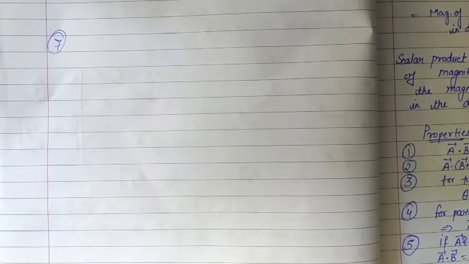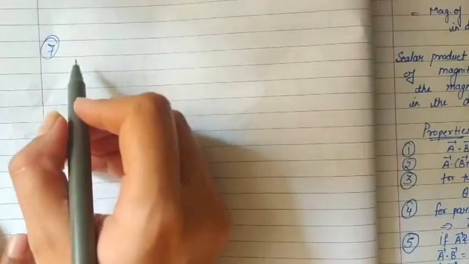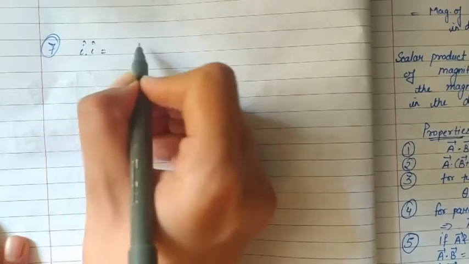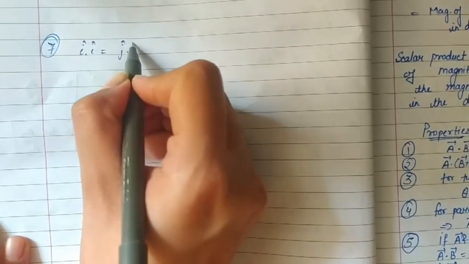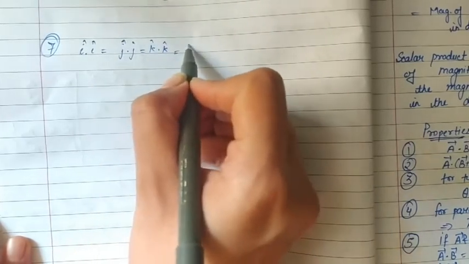And when we do scalar product of two different base vectors like i dot j or j dot k or k dot i, then this scalar product is 0. So when we find scalar product of two same base vectors i dot i, j dot j or k dot k, then for all the three its answer is 1.